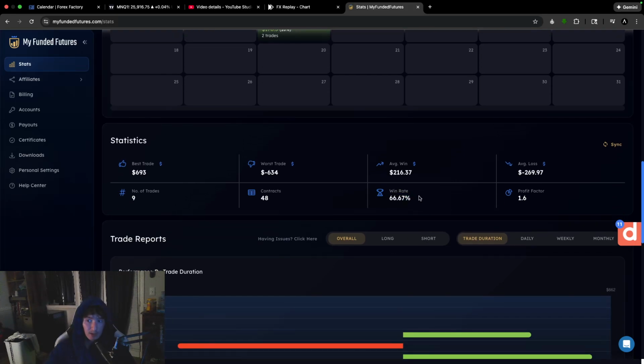Win rate over half, I'll take that. Profit factor 1.6, that's pretty good. Average win only $200, that ain't gonna cut it, man. We're scaling up.